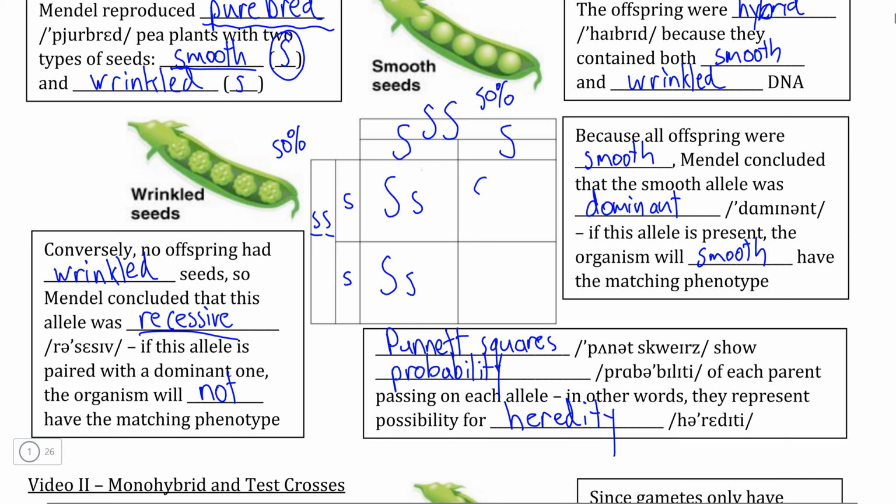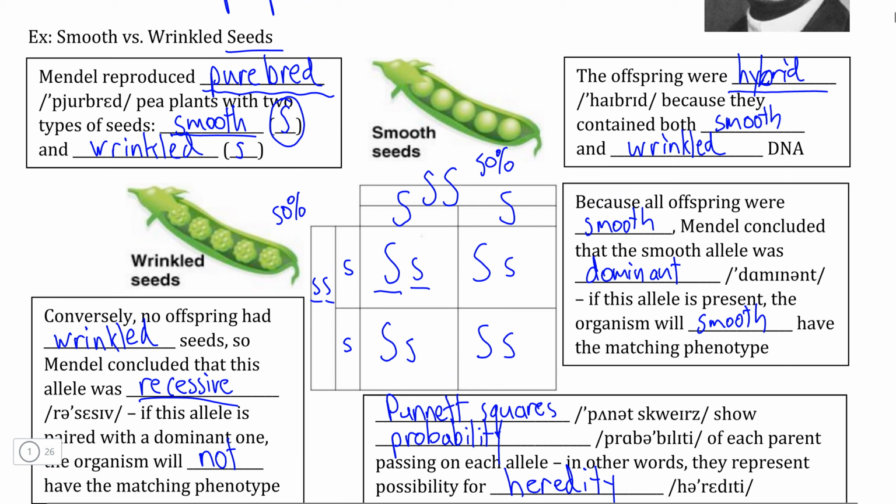maternal organism. And we can see every one of the possibilities, no matter which gamete from the father organism and which gamete from the mother organism paired, every zygote that was created through every fertilization event would always have one dominant and one recessive allele.